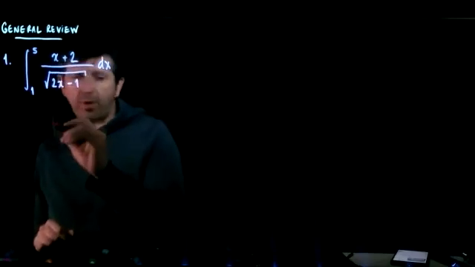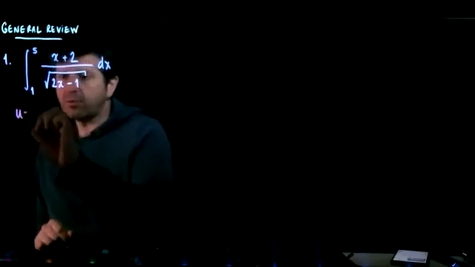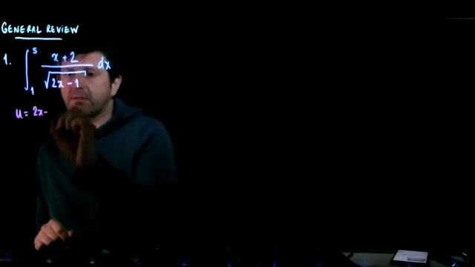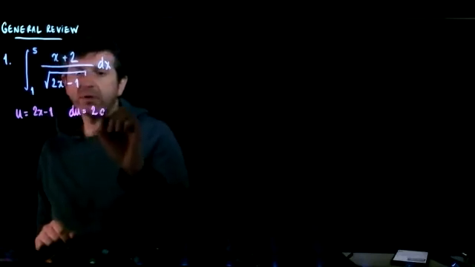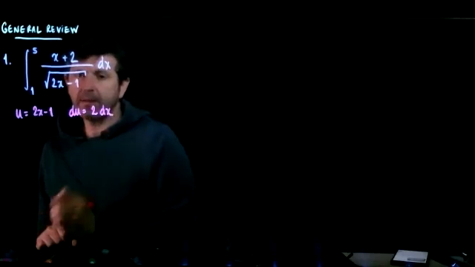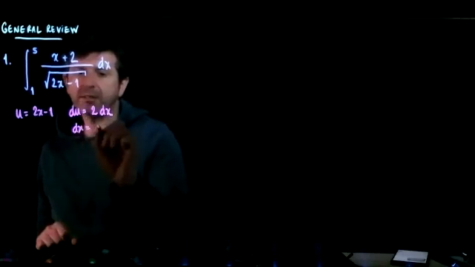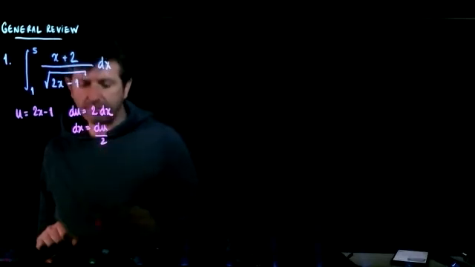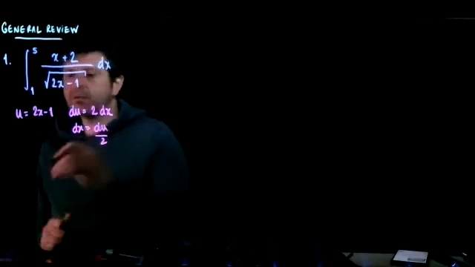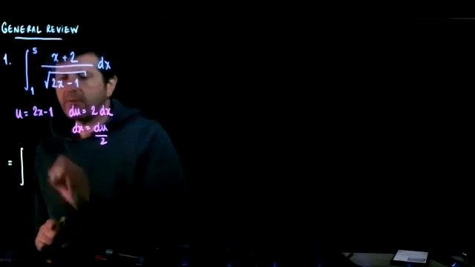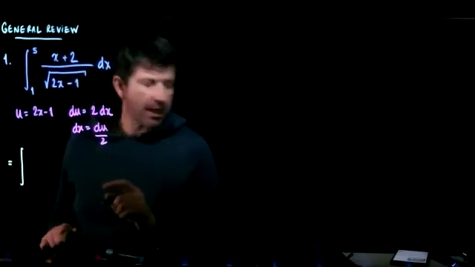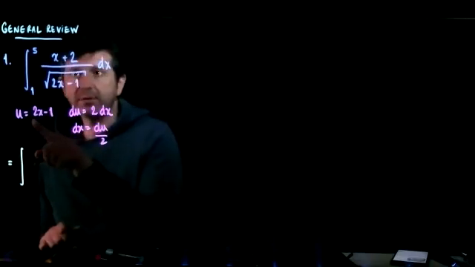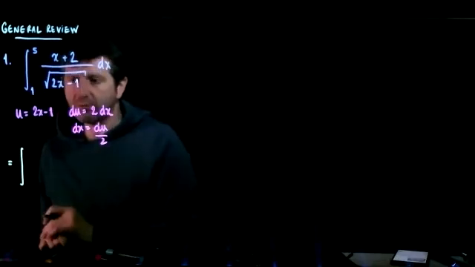Okay, so remember, the notation is important here. So u is equal to 2x minus 1, and so du is 2 times dx, which means that dx is du over 2. So the integral becomes the integral. I need to replace x, so I isolate x to express everything in terms of u.